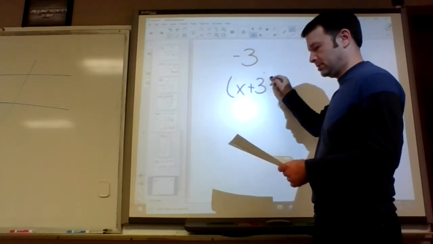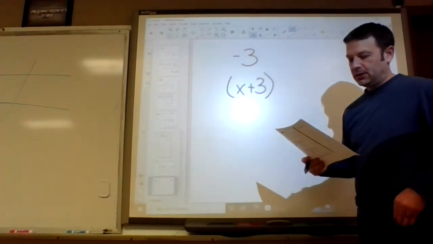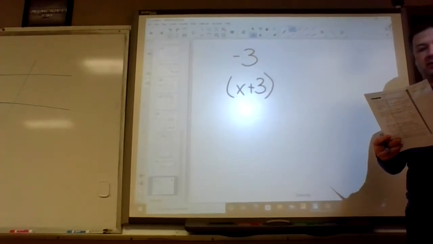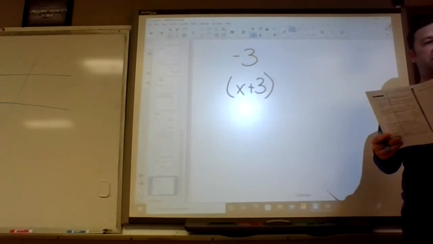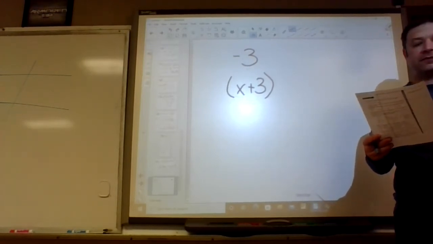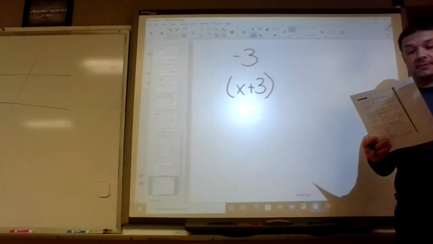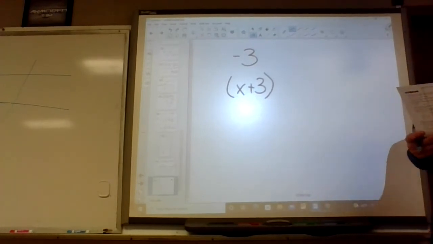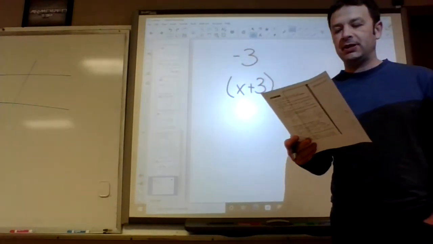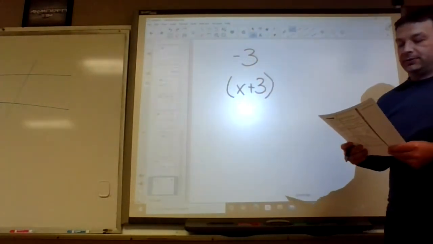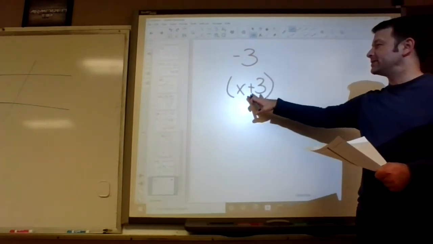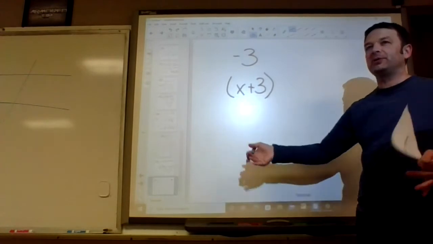On the graph, it crosses at negative 3, that means x plus 3 is a factor. Does a factor mean a 0? No, a factor is something that multiplies to get the polynomial.